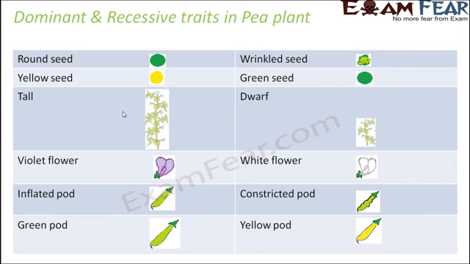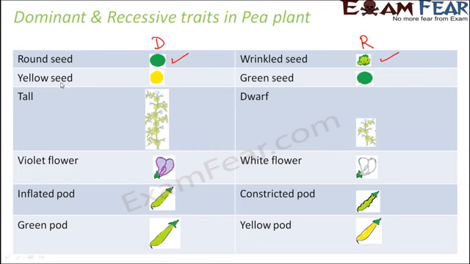Now let us look at the contrasting characters of the pea plant which we were talking about. Let us see which is the dominant trait in all of them. When you talk about the contrasting traits, the seed shape can be round or wrinkled. Round is the dominant trait and wrinkled is the recessive trait.